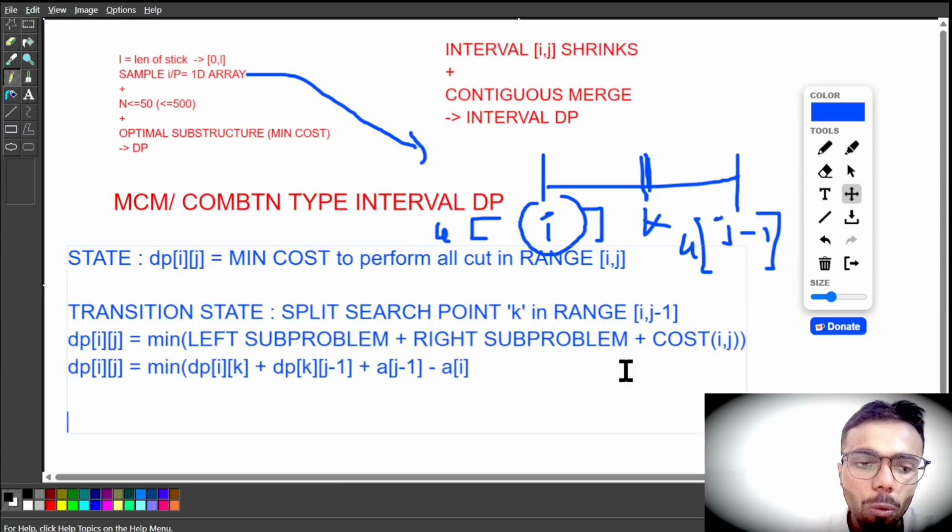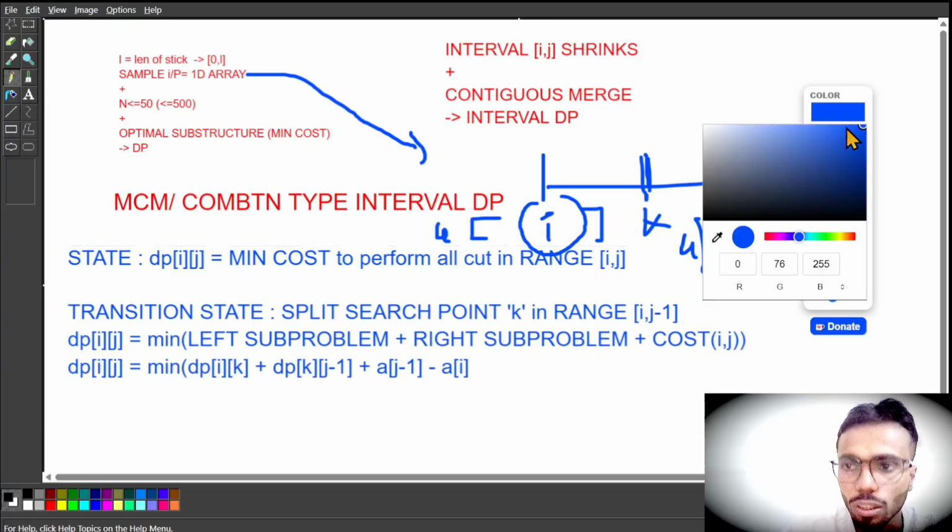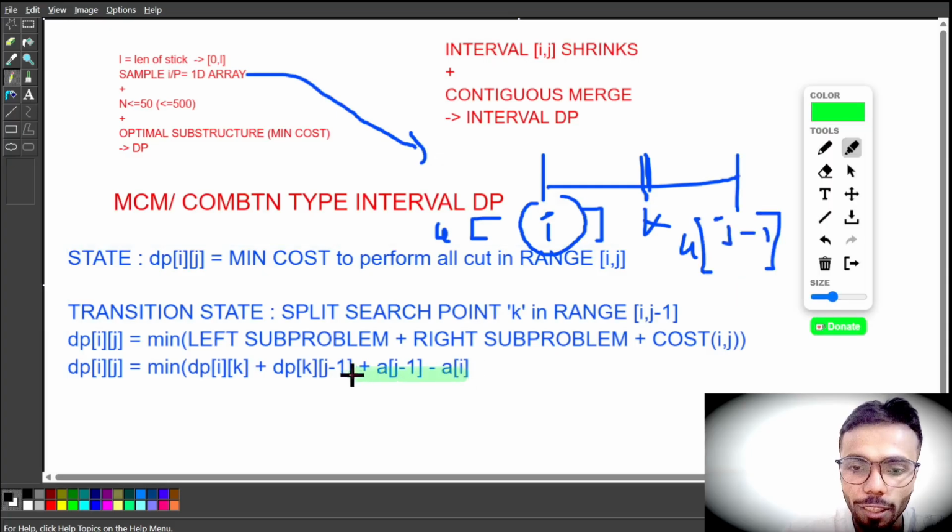Now one more thing, guys. Since it is interval DP, look at this cost here. Does it depend on the split point k? No, right?